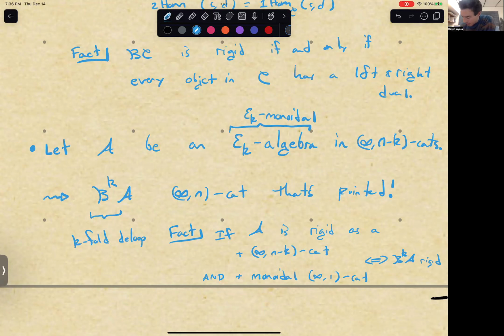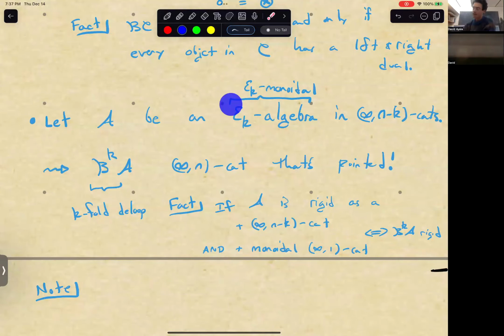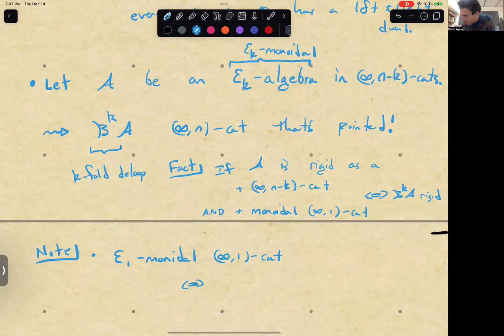And to finish this example, if E_k monoidal category is an unfamiliar phrase, it might be more familiar from these two comments. My highlighter is dead for some reason. Oh, no, there we go. An E_1 monoidal infinity one category is the same thing as just a monoidal infinity one category.